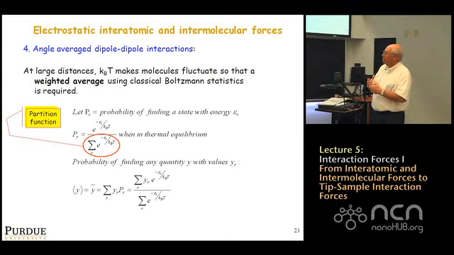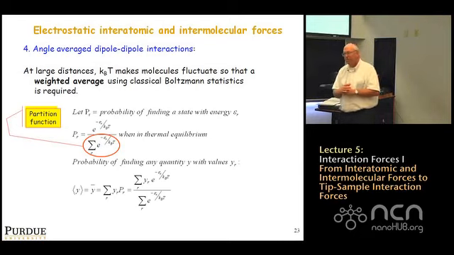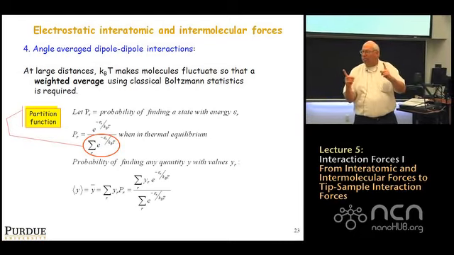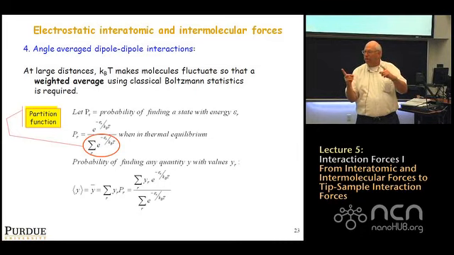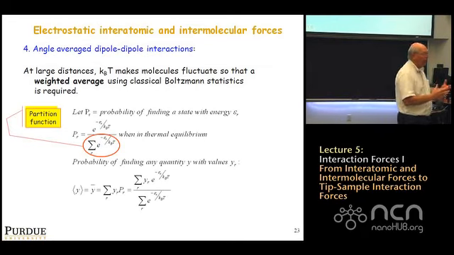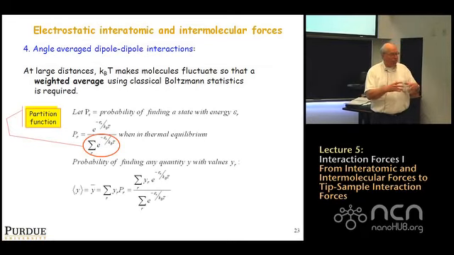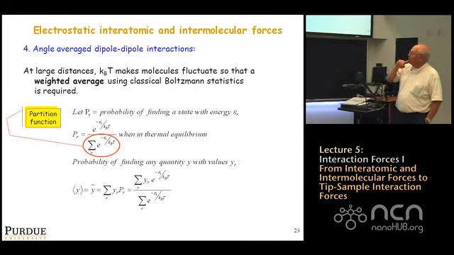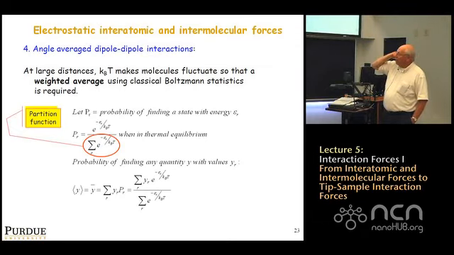Boltzmann statistics says that there is a probability of finding a state of a system with energy epsilon sub r. Let's imagine a system whose interaction energy is epsilon sub r. What's the probability that I would find that system at a temperature T? Boltzmann says that probability is the ratio of two exponentials. The numerator is e to the minus epsilon sub r divided by kT.